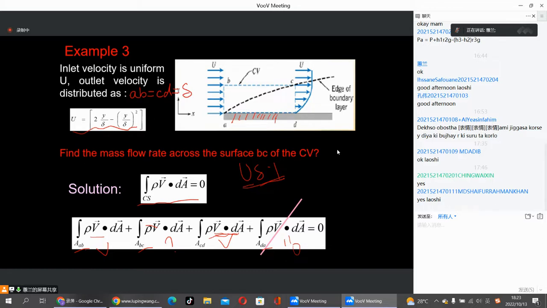So please find the volume flow rate across the surface AC. You can choose the CV by yourself, okay? But you need to write down your solutions and then upload online, okay?